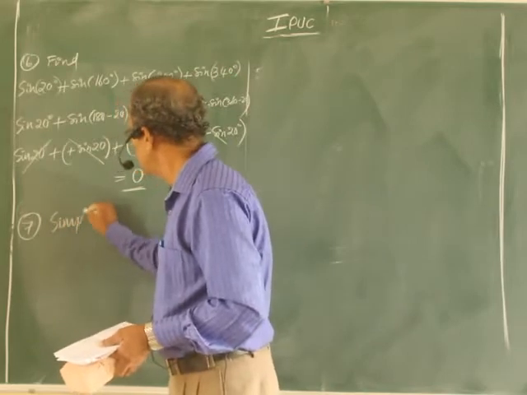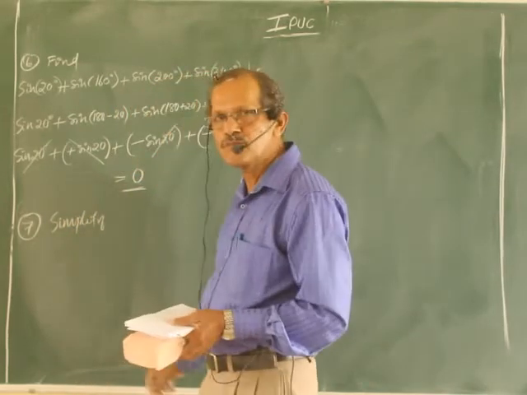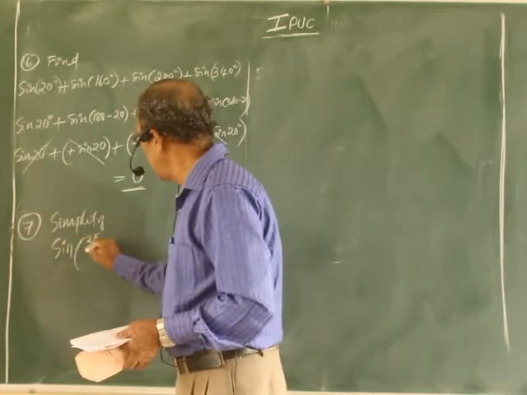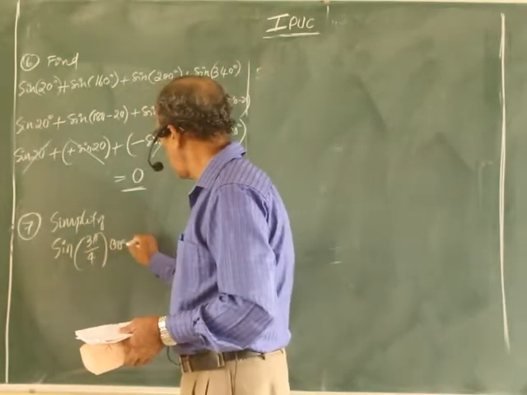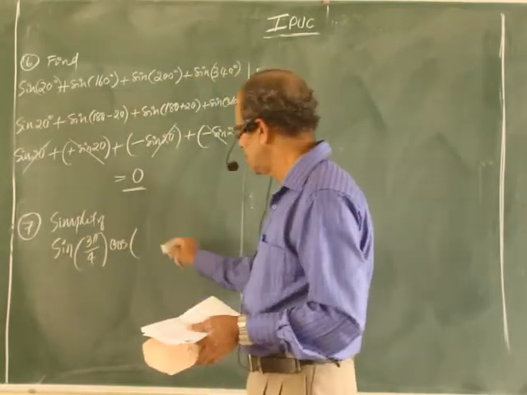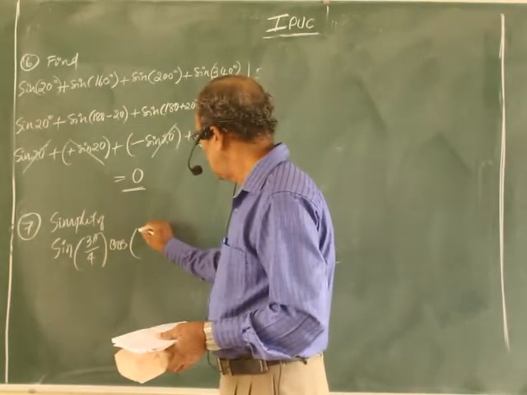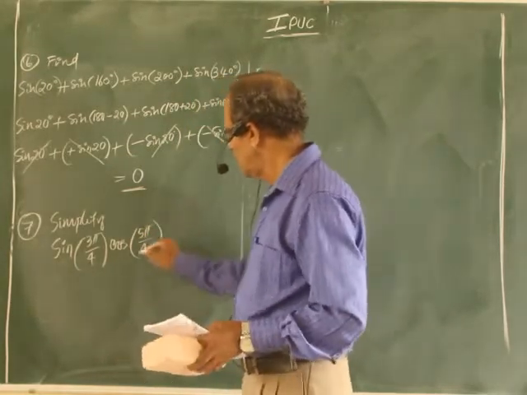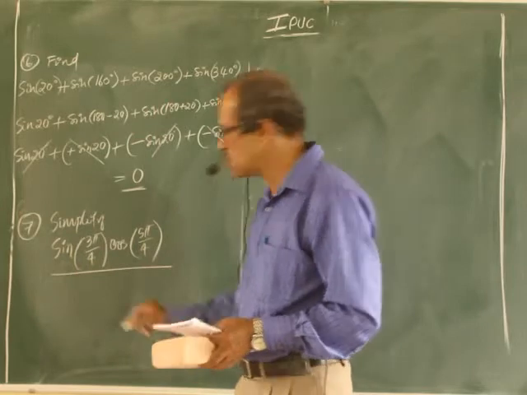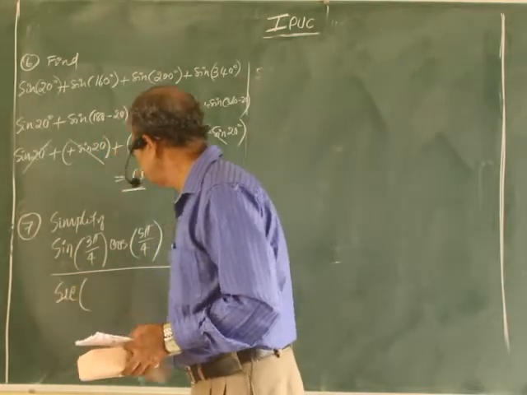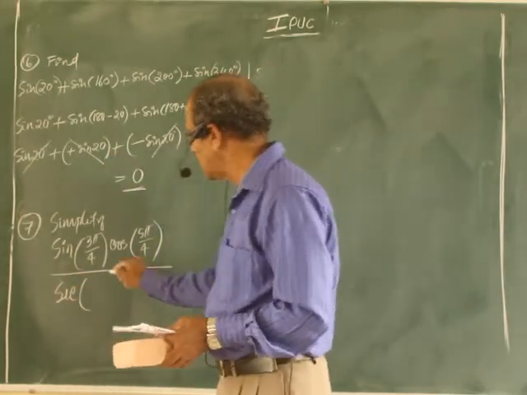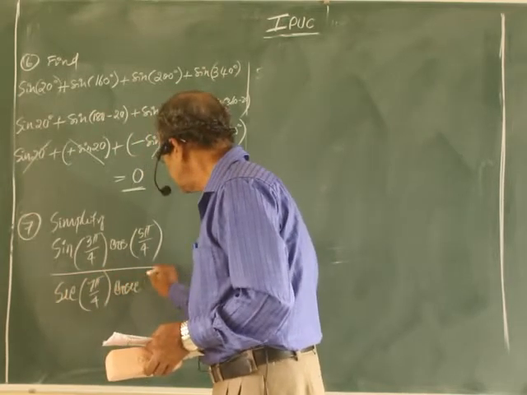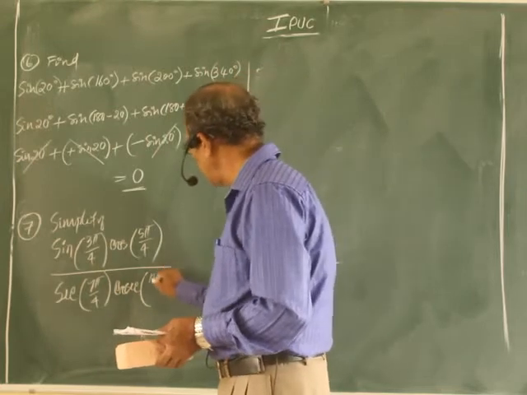Simplify sin 3 pi by 4 into cos 5 pi by 4 divided by secant 7 pi by 4 cosecant 11 pi by 4.